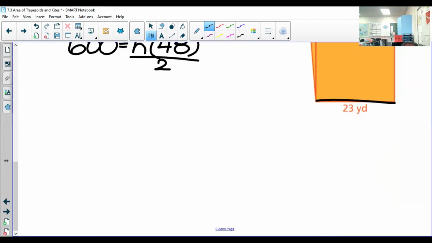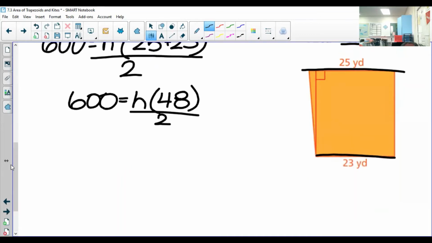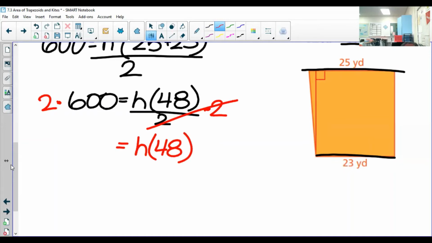Okay, here we go. 2-step equation. First thing I'm going to do, get rid of my fraction. Times by 2 on both sides. 2's cancel. So now I've got h times 48 equals 600 times 2. Well, 6 times 2 is 12, and tack on the zeros. 1200. Okay? Now we have to get the h all by itself.